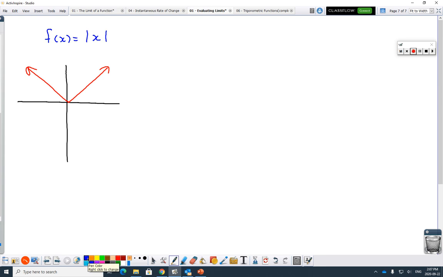Well, I'm going to write a sentence that I think really helps to understand what I'm going to do algebraically. Let me just ask you this. If you take the absolute value of 10, what is it? 10. Absolute value is really easy for positive numbers. You don't have to do anything. 10 is 10.